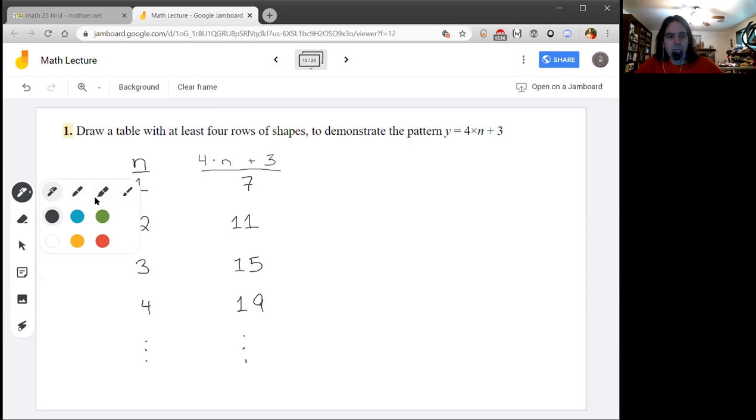So if I want to draw things, then we have the 3 that's always there, and we have groups of 4 that we're adding each time. So we could draw 1, 2, 3 that are always there each time.